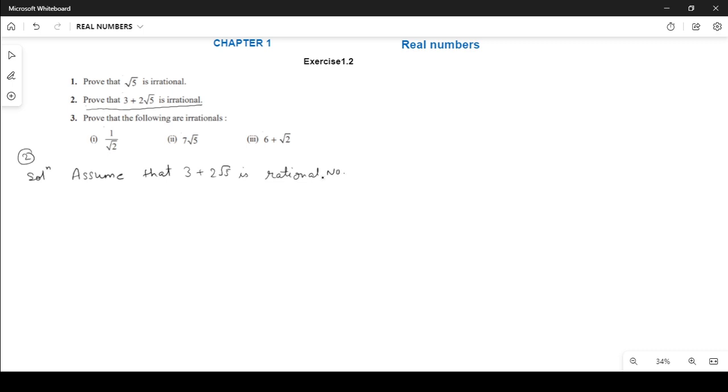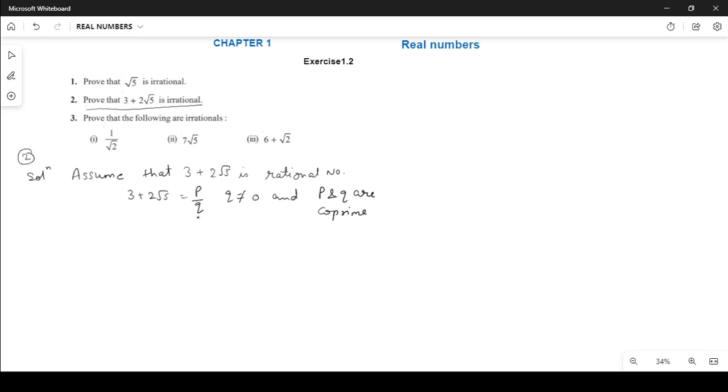If it is a rational number, then can I write it as p by q form, with denominator not equals to 0 and p and q are coprime. Coprime means they have only a factor, that is 1, right?